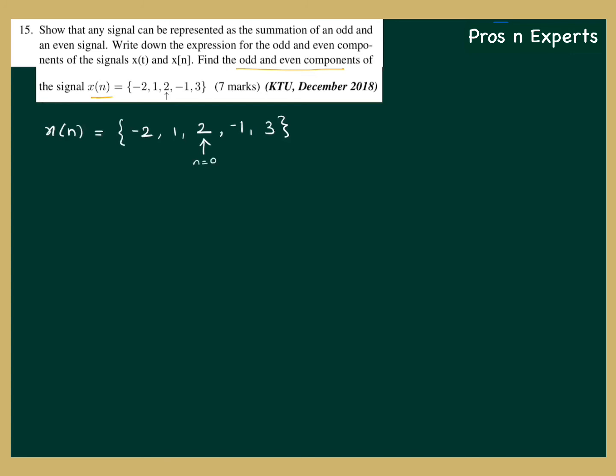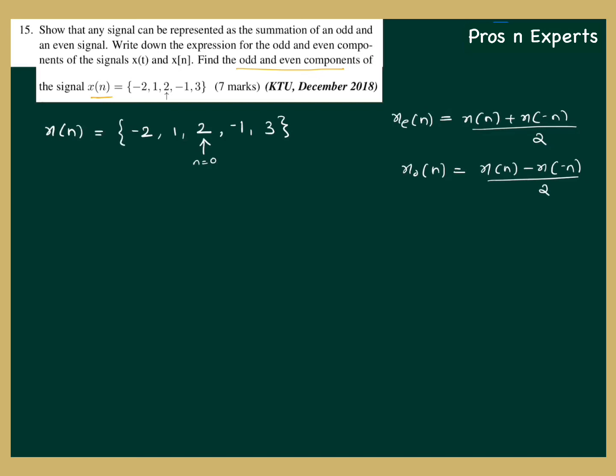To find the even component, we know the equations. Xe of n is equal to x of n plus x of minus n whole divided by 2. And the odd component is x of n minus x of minus n whole by 2.